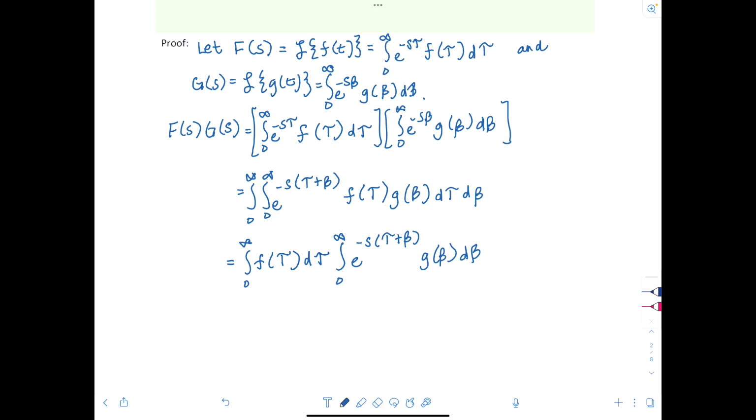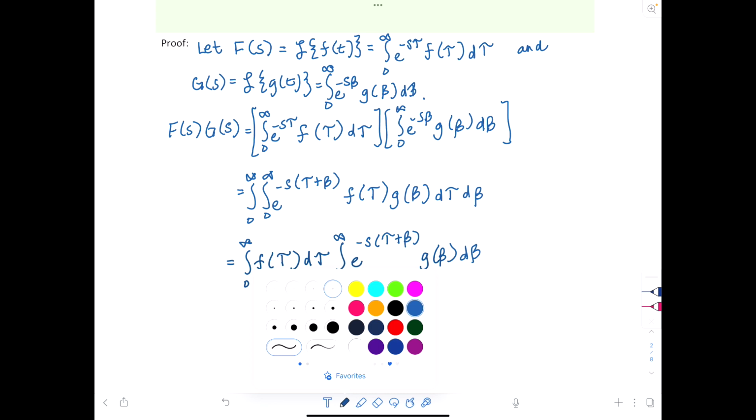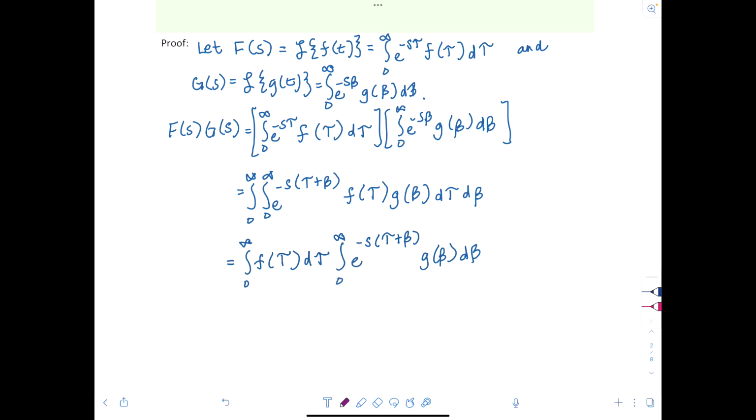So here we're going to let tau be fixed, and t be equal to tau plus beta, which of course gives us that dt would be equal to d beta.